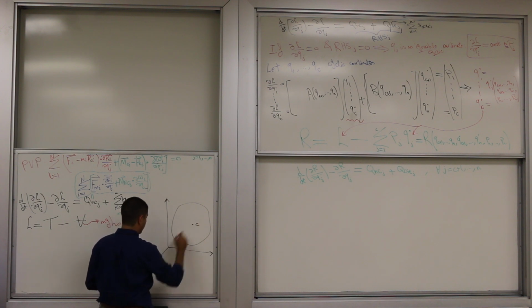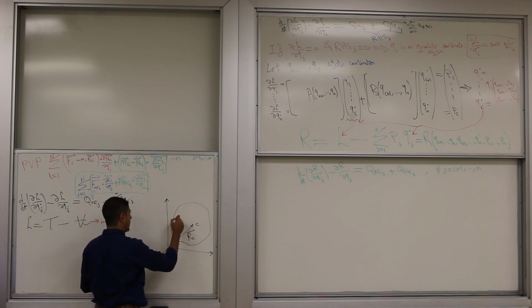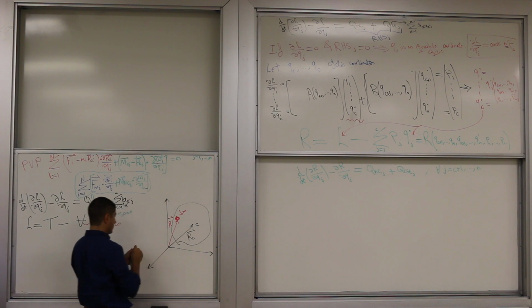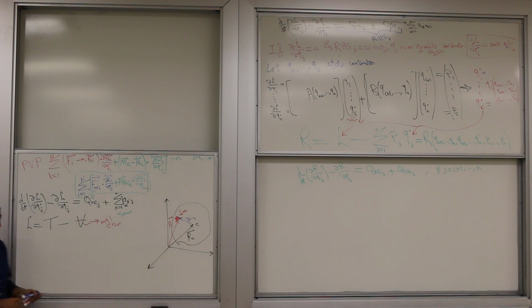So this is the center of mass. This is your R center of mass. This is some dm mass with its position vector R, and the distance between these guys is little r. Okay?